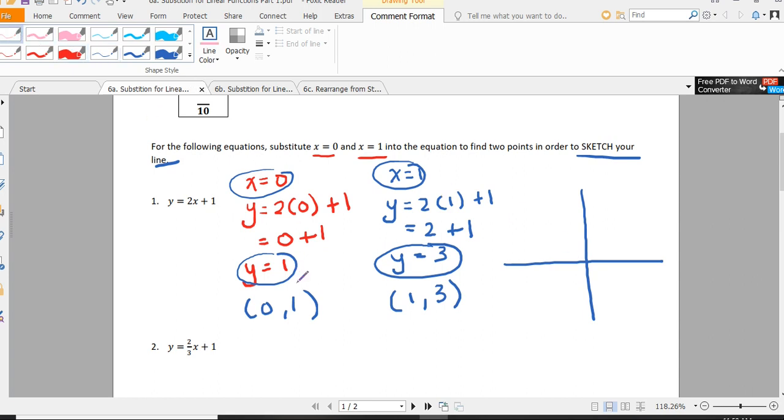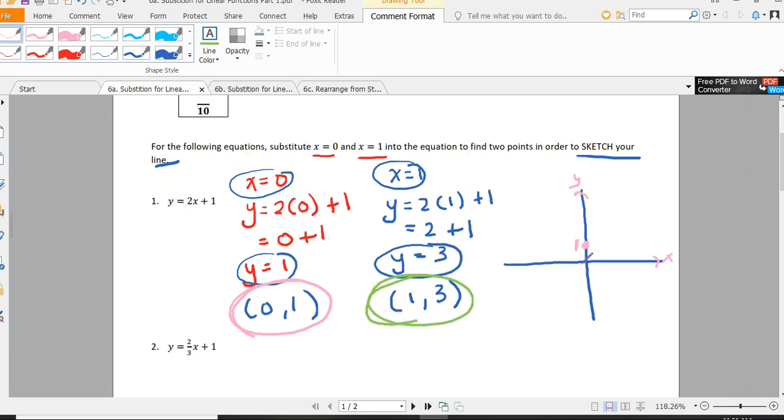I'm going to use pink for this. So 0, 1, where do you think 0, 1 would be? Remember, this is x, this is y. So 0, 1 will be roughly right there. Let's call this 1. And my next point, 1, 3. I'm going to use green for this one.